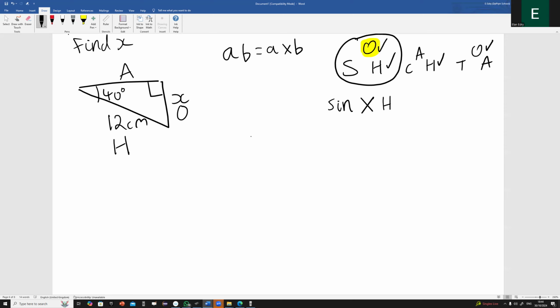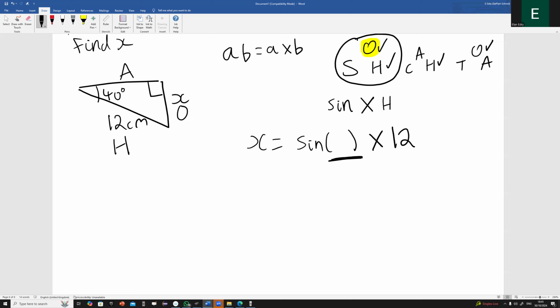So I'm going to have x equals, and you've got to be really careful here now, sine, open and close brackets, you need those brackets, times the hypotenuse, which is 12. What do you think will go inside those brackets? Like, what haven't we used yet?